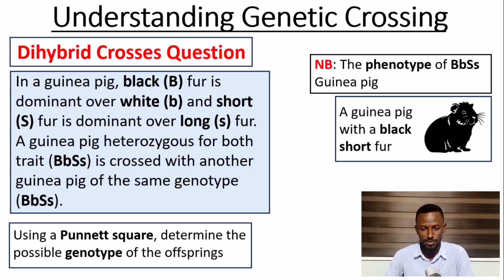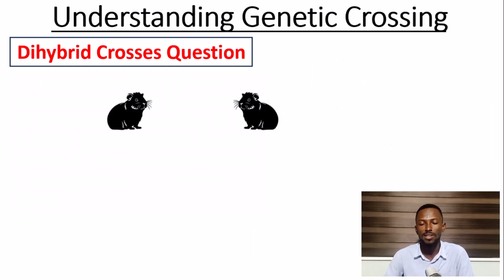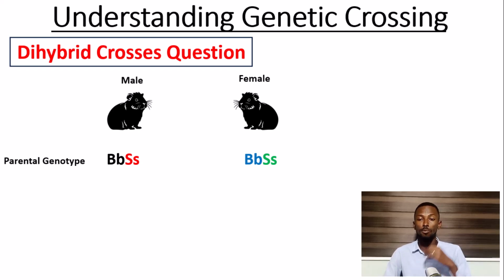What are the steps involved in finding them? Let's assume these are our two guinea pigs, the male and female. As said by the question, their genotype is capital B, small b, capital S, small s, for both parents.